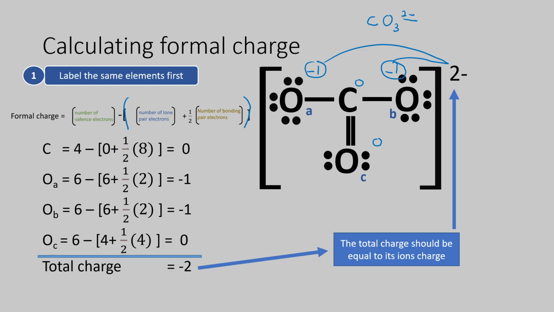Okay, I will tell you why we calculate this. Okay, the reason we calculate formal charge is you want to see how many bonds or how many electron pairs the element can have. Okay, for example, this carbon.